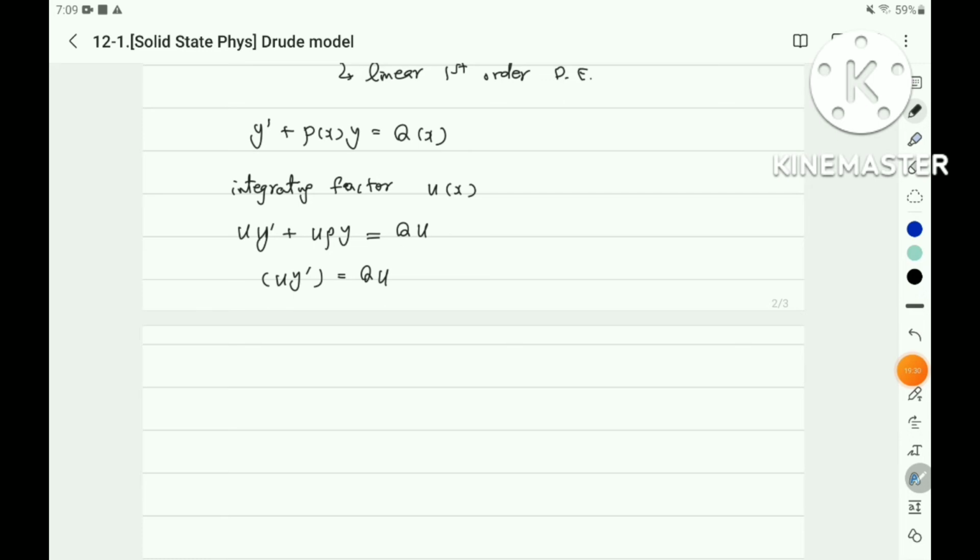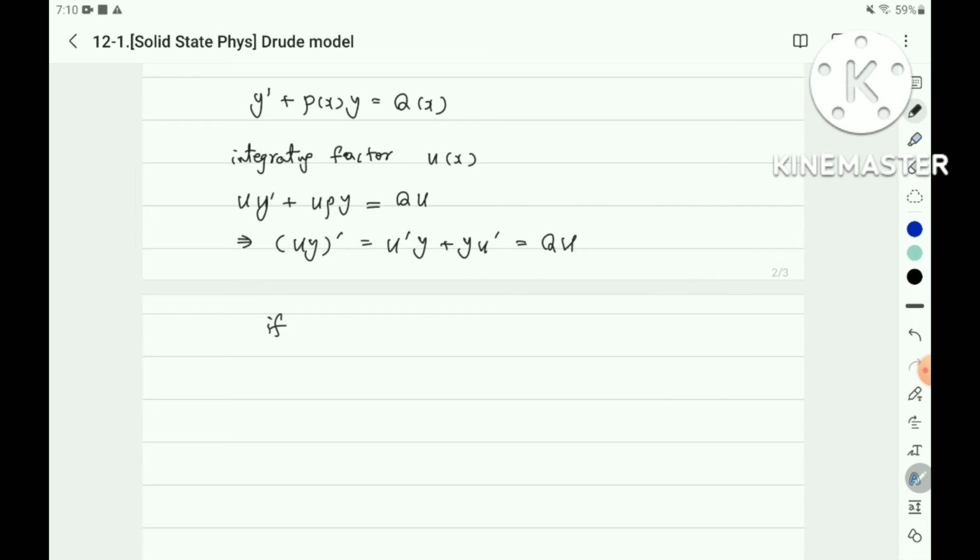Here, let's consider that (u y) prime is u prime y plus y u prime, and then let's surmise that it equals q u.